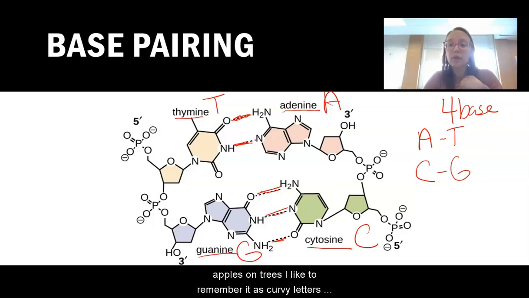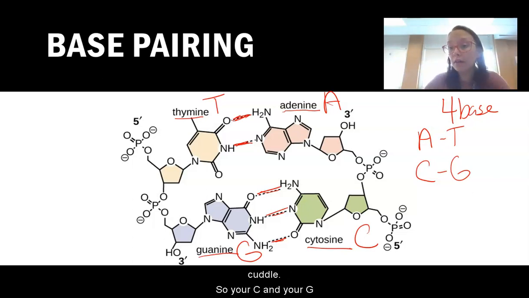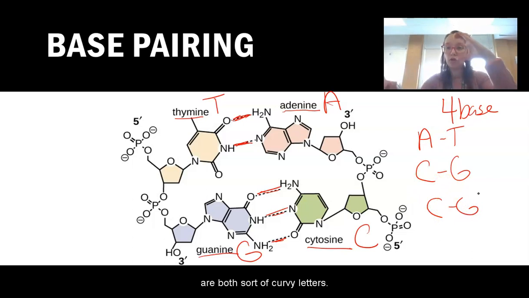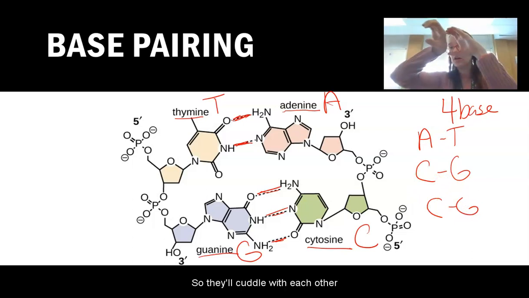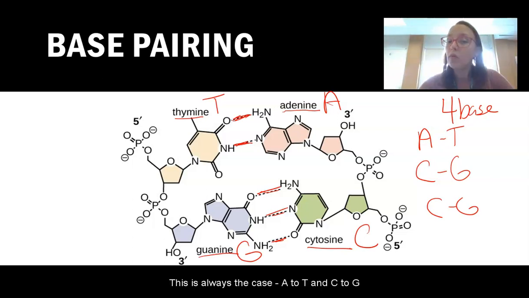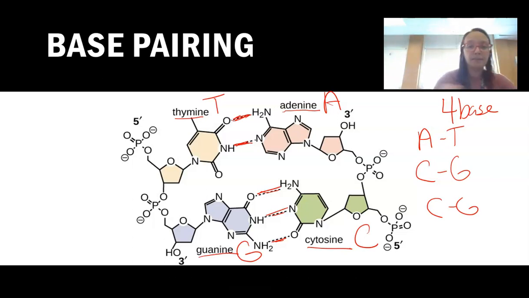I like to remember it as curvy letters cuddle, right? So your C and your G are both sort of curvy letters, so they'll cuddle with each other, right? So they're bonding. So this is always the case, A to T, C to G.